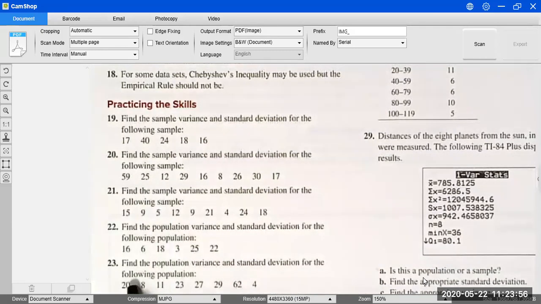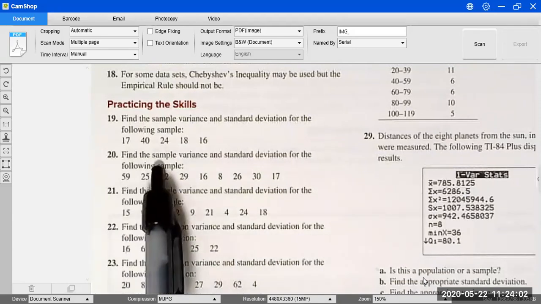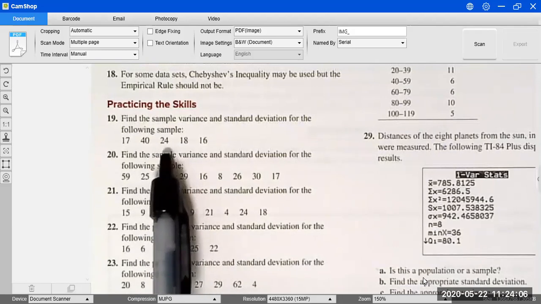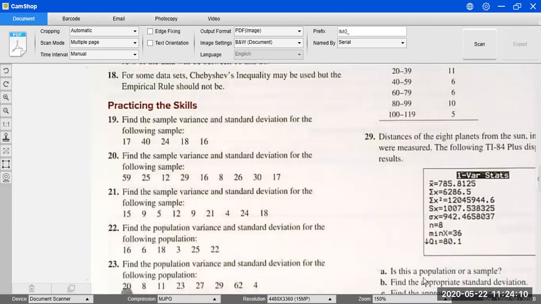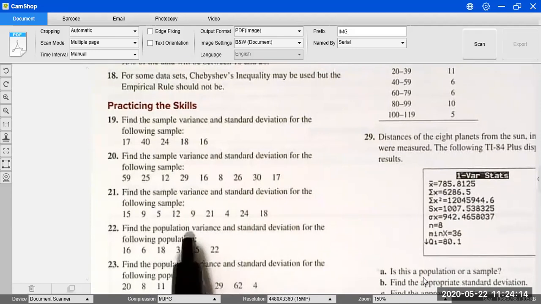Then 22, another, and read carefully. In 20, they say find the sample variance. So they are giving you a clue on the formula that you need to use. In this case, they say sample. In 22, they say population variance. So it's important to use the right formula.